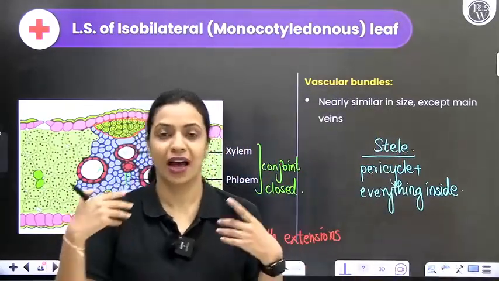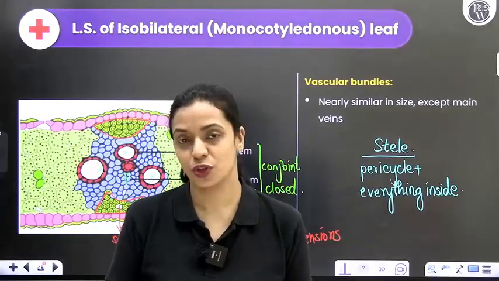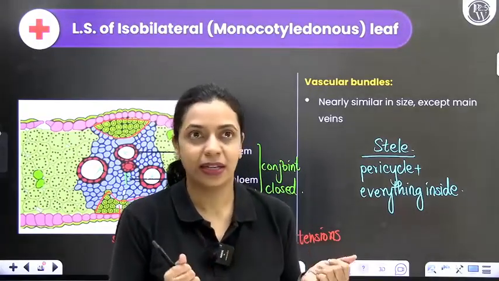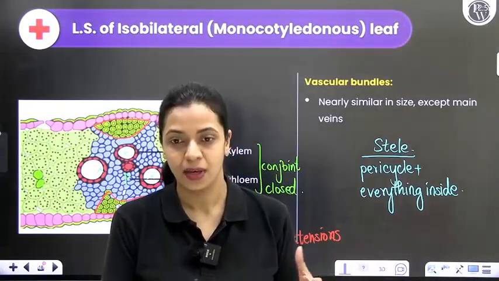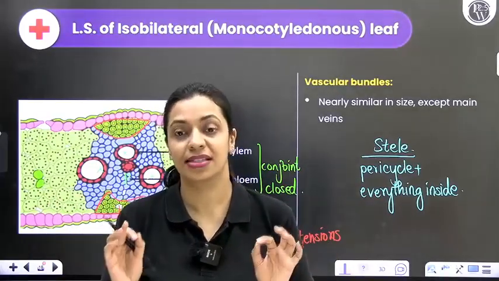Pericycle, you'll have vascular bundles, you'll have pith if it's present, probably conjunctive tissue if it's a root, probably medullary rays if it's a stem. So pericycle and everything else that is present inside it is called stele.